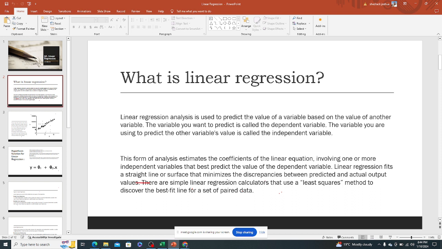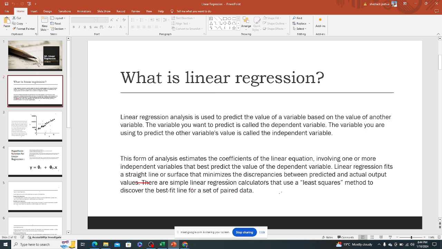And then after creating that model, we are going to measure how reliable our model is, or how good our model is. And of course, with this, we are going to use what we call the coefficient of determination as our major determinant.